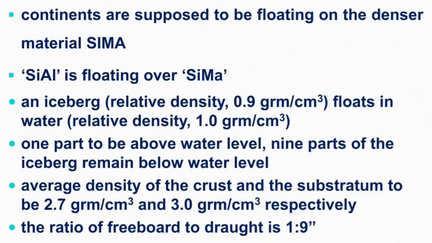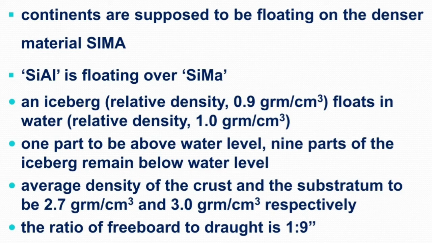If we assume the average density of the crust and the substratum to be 2.7 grams per cubic centimeter and 3 grams per cubic centimeter respectively, for every one part of the crust to remain above the substratum, 9 parts of the crust must be in the substratum.